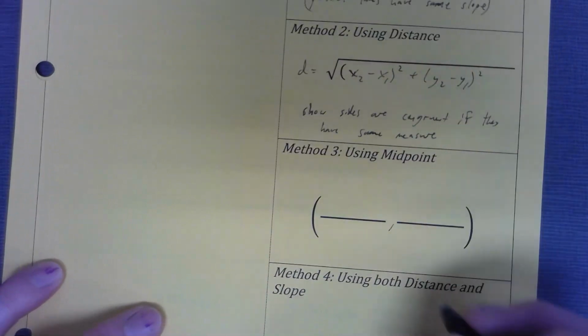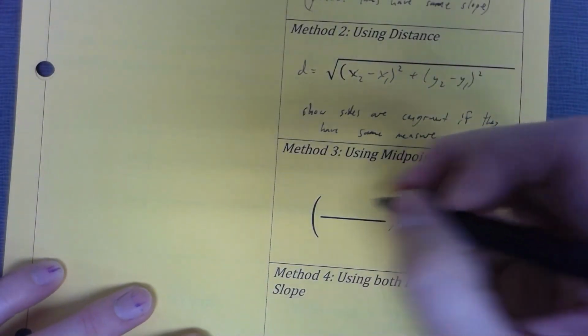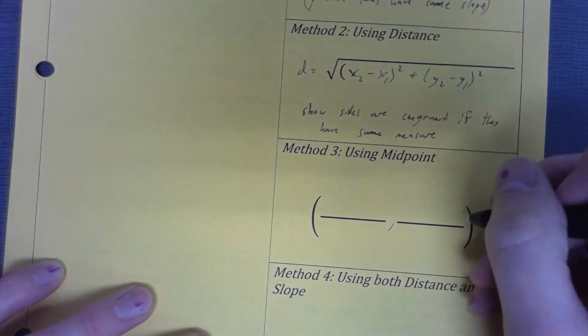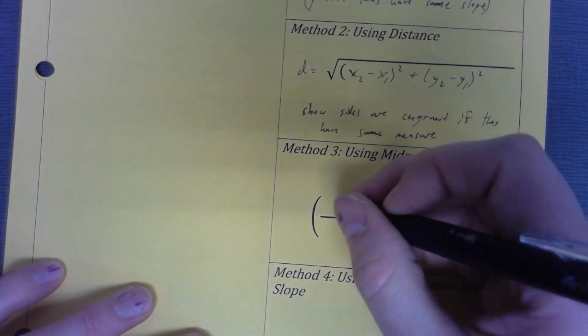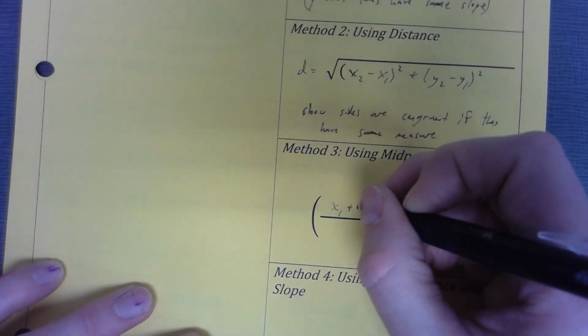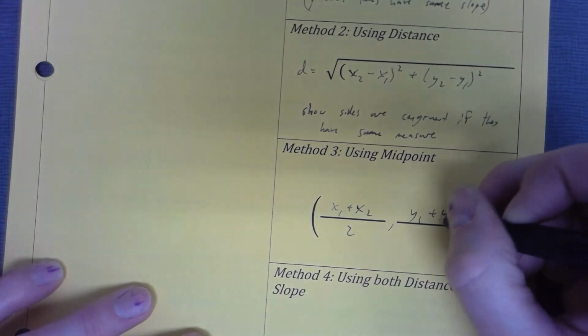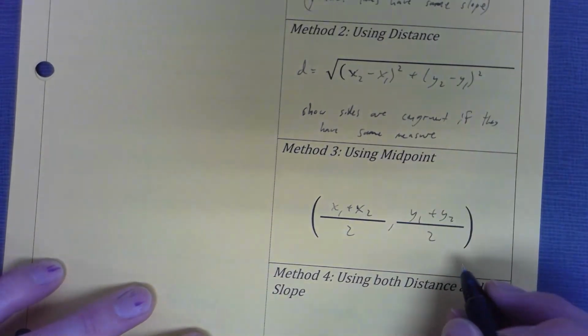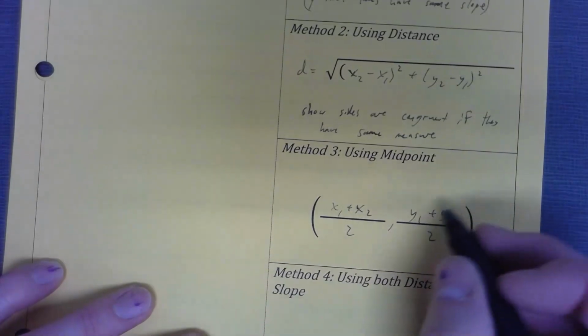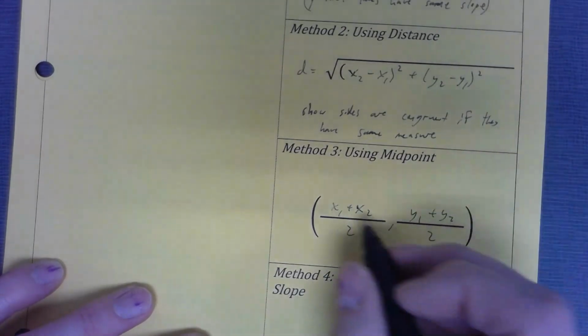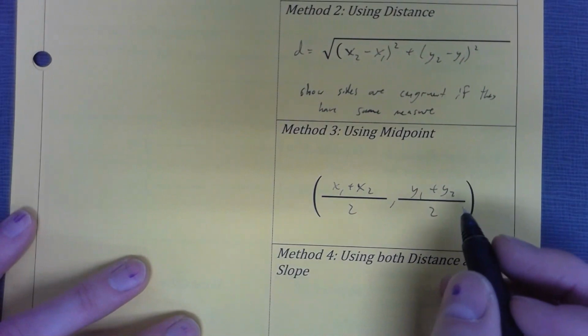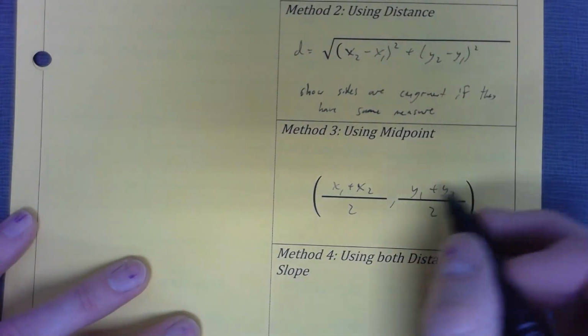And remember, midpoint is found by taking the average of our x's and the average of our y's, written as an ordered pair. So x1 plus x2 divided by 2, and y1 plus y2 divided by 2. We're not going to combine these two expressions in any way. Not a plus sign like the distance formula, not a quotient like the slope. This is two numbers, one number for our x position, one number for our y position.